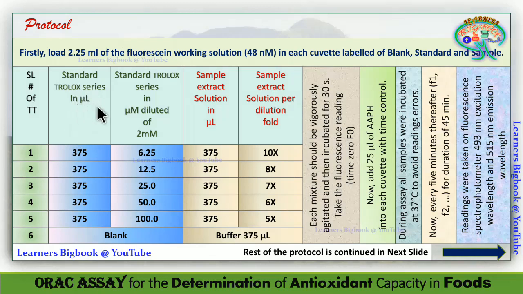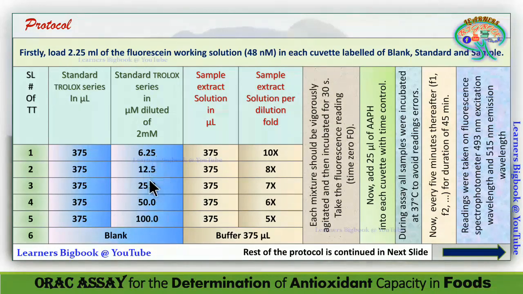Here the standard Trolox we are going to take in micromoles, diluted from the Trolox stock solution. So that will be 6.25 micromolar, 375 microliters in the first test tube. Further is 12.5, 25, 50 and 100, where all will be 375 microliters corresponding to the concentrations here.